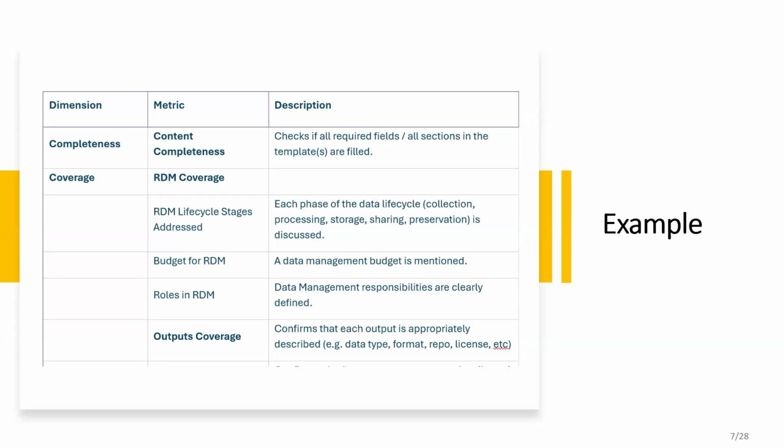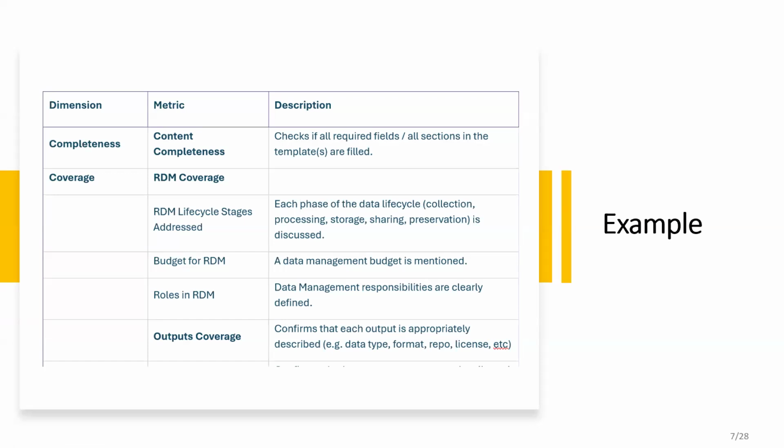So, and again, based on all of this, we are creating tests that take as their input the DMP common standard to provide the evaluation that we want, for example, in terms of completeness.